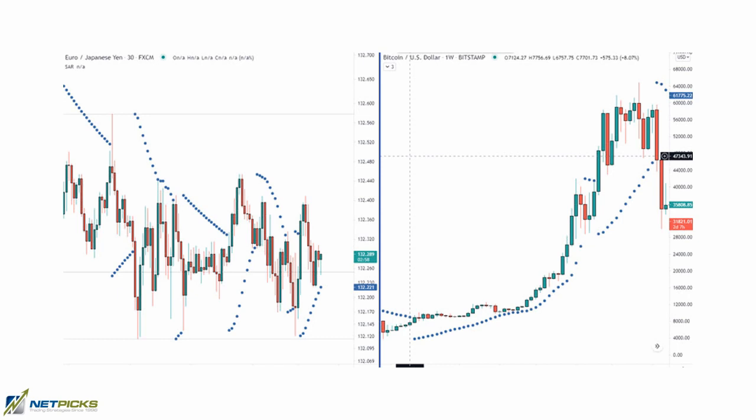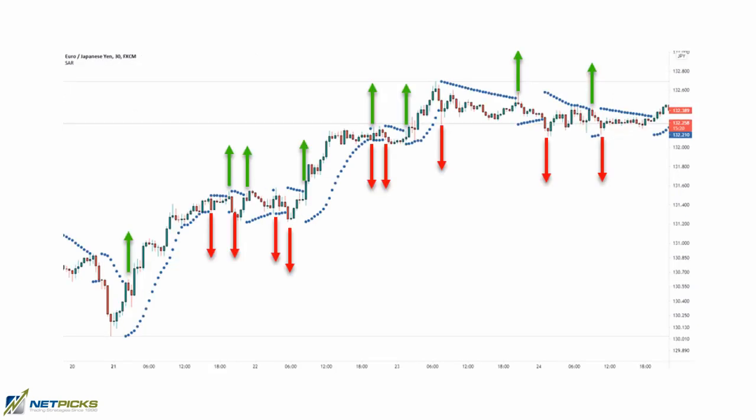You get a lot of false signals, as you can see here. Now, what about using it for trend direction? That may not be the best use of it because you can look at the chart on the left and see that the trading conditions are not a great one, right, as the one on the right. So market conditions matter.